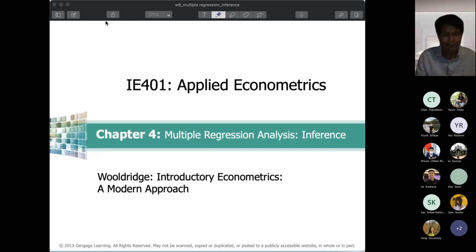So that becomes t equals coefficient divided by standard error. To find the critical value, you need degrees of freedom and you need a significance level. And then we have to look at the critical value for the t distribution. All right.